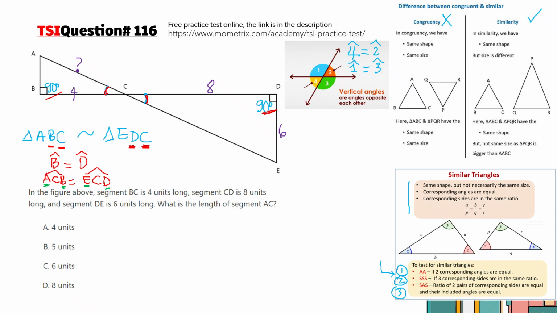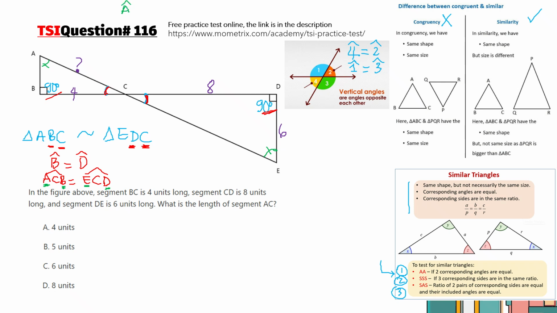So corresponding to the positions when we note it down. And of course, we only need two angles because the third one will automatically be the same. It's because the sum of all angles inside a triangle is 180.